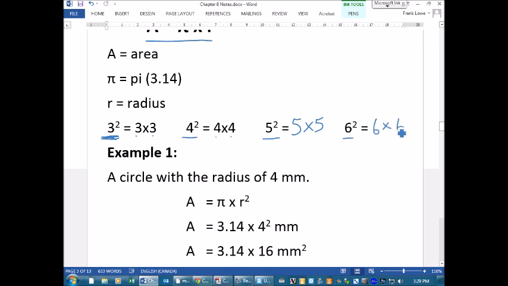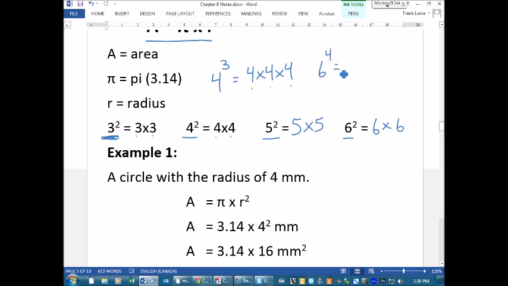Now, let me see how smart you are here. What if we did 4 cubed? What would that be? 4 times 4 times 4. Look at that, 1, 2, 3 fours. What if it was 6 to the exponent of 4?